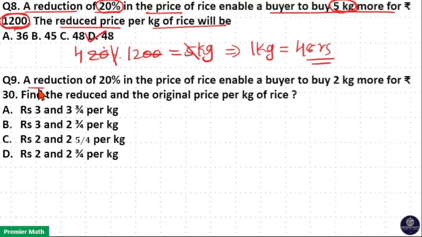Next, a reduction of 20% in the price of rice enables a buyer to buy 2 kg more for rupees 30. Find the reduced and the original price per kilogram of rice.